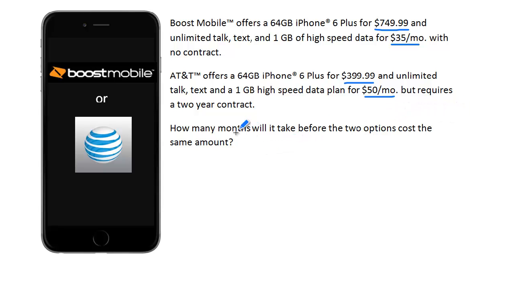So we don't know how many months it's going to take. So let's set this up as an equation. The first option is $749.99 plus $35 times however many months you're using this plan.